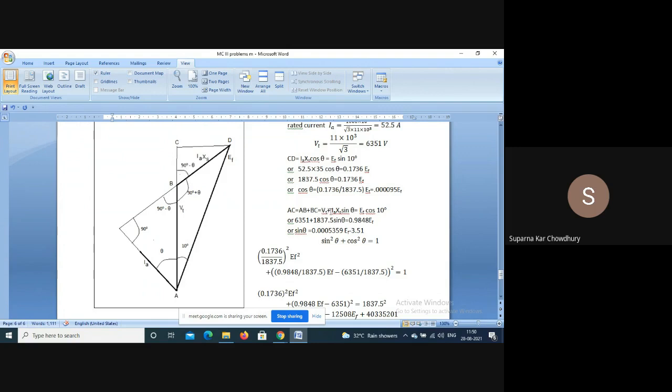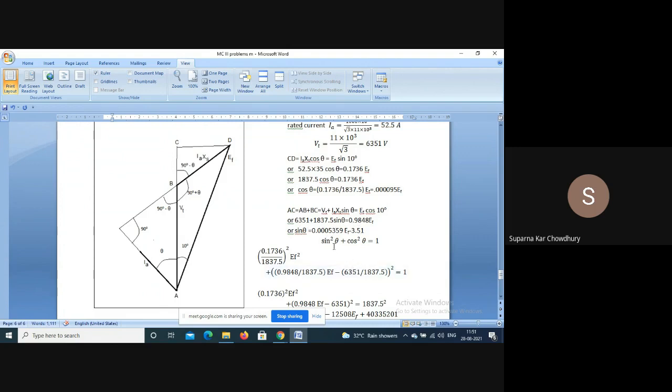So Vt plus IaXs sine theta is again equal to EF cos of 10 degrees. Again we know Vt, we know IaXs, sine theta is unknown, and this is 0.9848 EF. Now from here also we can find a value of sine theta in terms of EF.